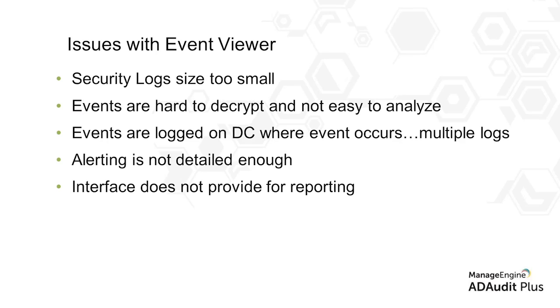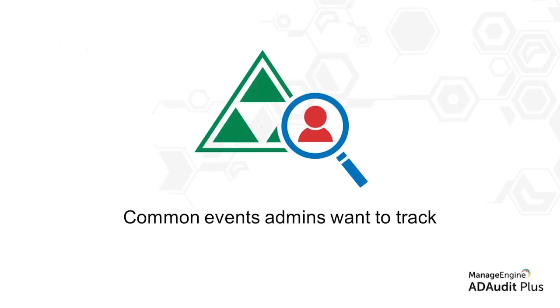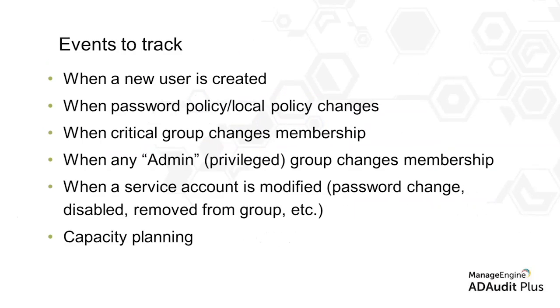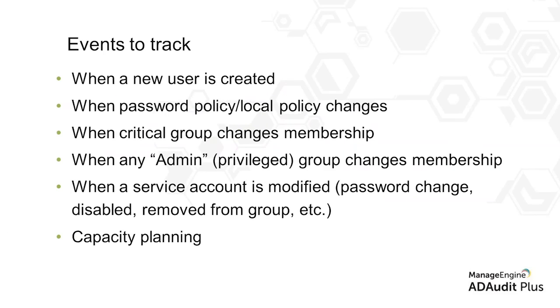So having talked about the issues, what are the common events that admins want to track across the globe? The first thing, of course, starting from scratch, is when a new user is created, when password policy or local policy changes, when a critical group changes membership, and when any admin group, you name it, any of the group membership changes, you have to be notified.